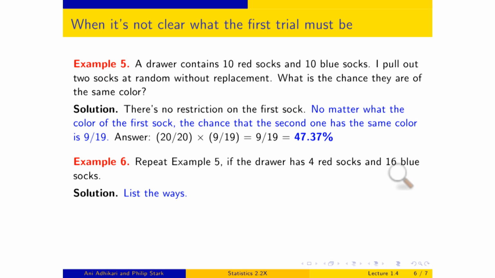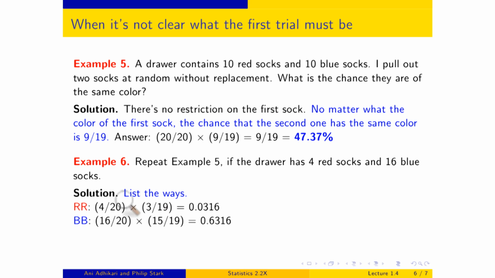And what are the ways? Well, I want a pair of the same color. So either I've got 2 reds or 2 blues. We can work with that. 2 reds, what's the chance of that? 4 in 20 times 3 in 19. 2 blues, what's the chance of that? 16 in 20 times 15 in 19, that's the chance that the second one is blue, given that the first one was.